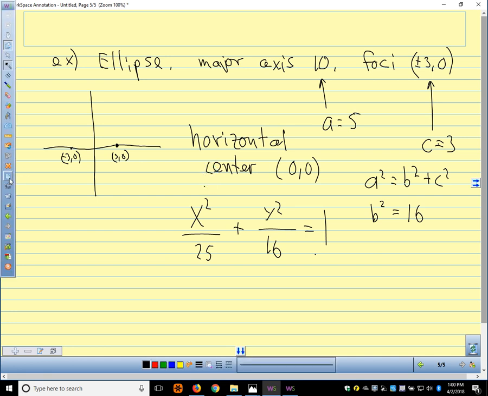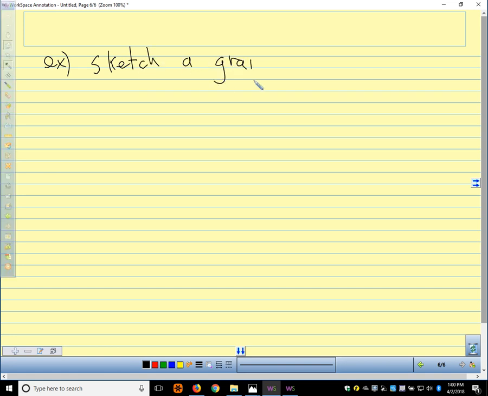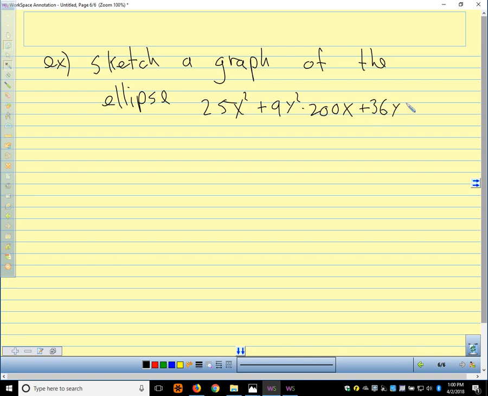All right, this next one I think you'll enjoy quite a bit. We want to sketch a graph of the ellipse 25x² + 9y² − 200x + 36y + 211 = 0.